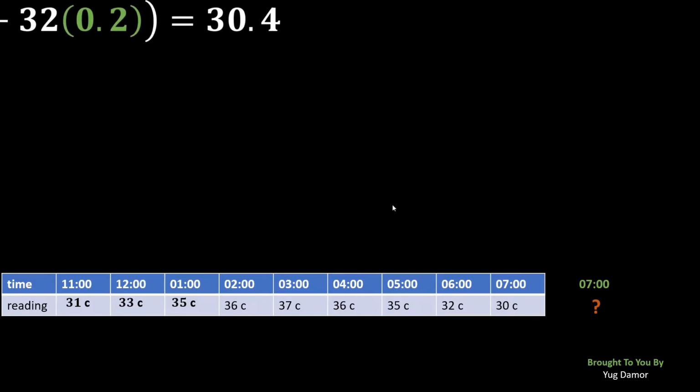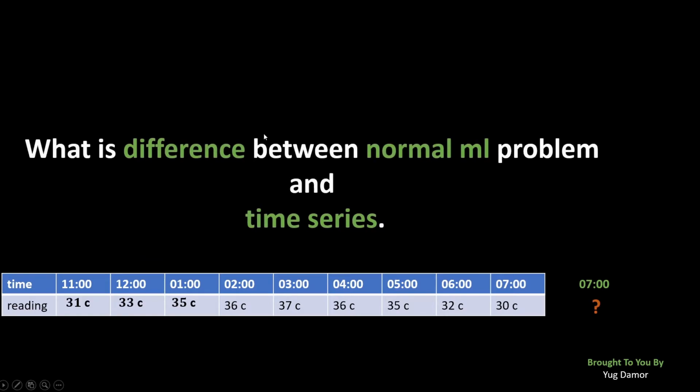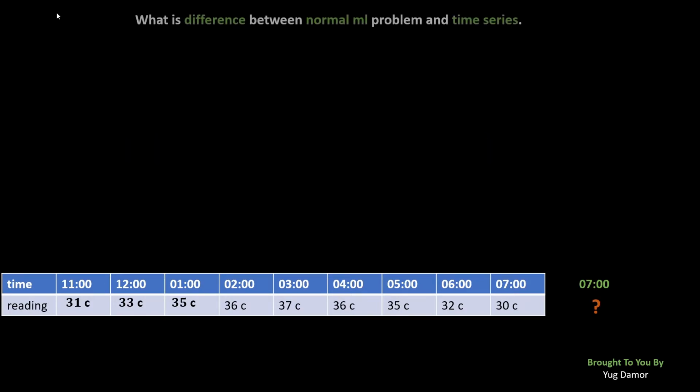Now, what is the difference between a normal ML problem and a time series problem? In a normal ML problem, we have some X variables, we train the model on those X variables, and predict the Y variable.